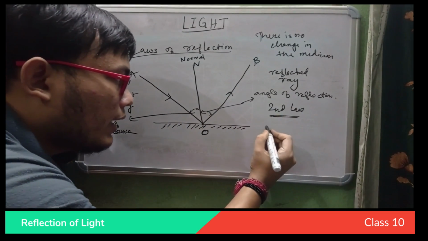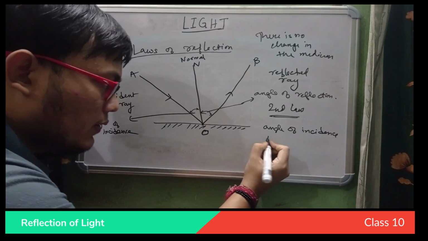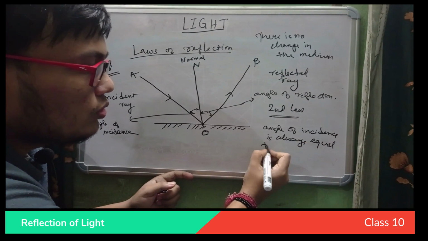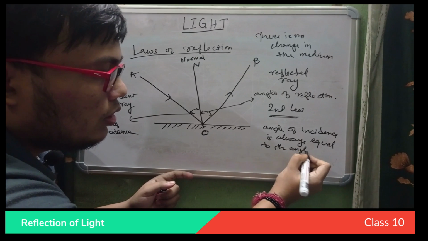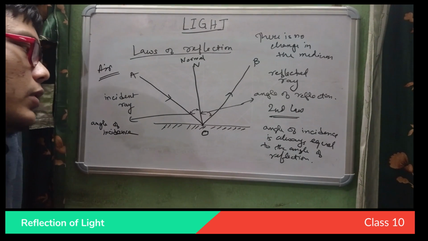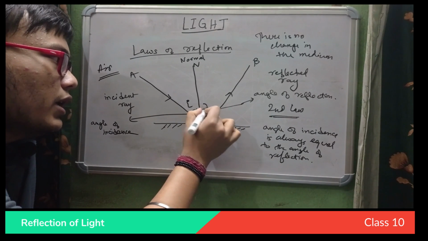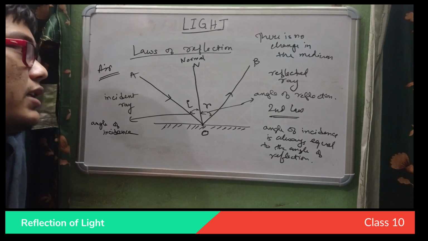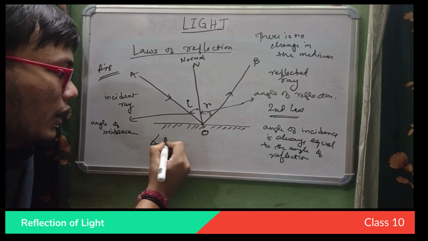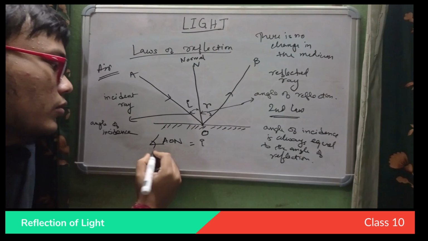Let's say we denote the angle of incidence by I and the angle of reflection by R. I is the angle AON, and R is the angle BON.